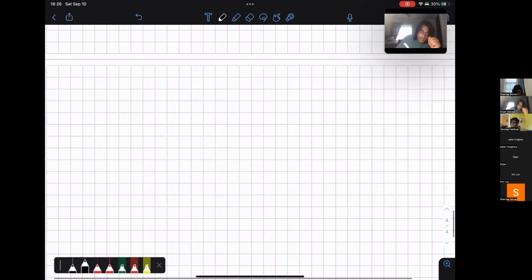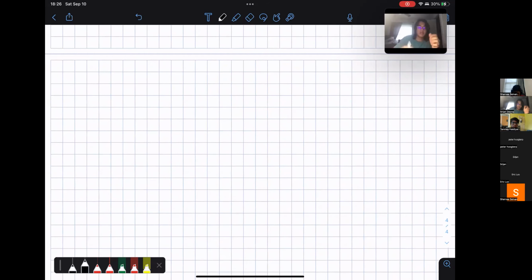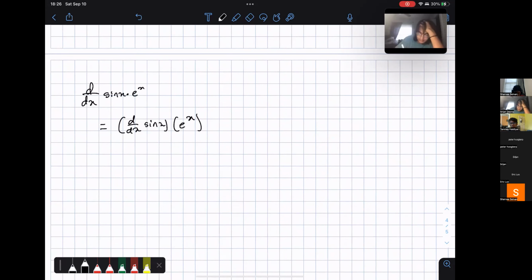If we had a more difficult problem, let's do the derivative of sine x times e to the x. So this would just be the derivative of sine of x times e to the x plus sine of x times the derivative of e to the x.